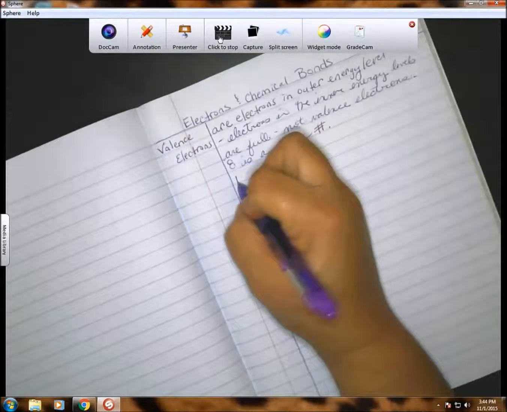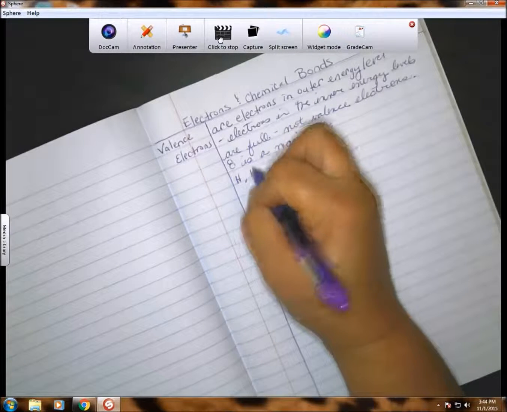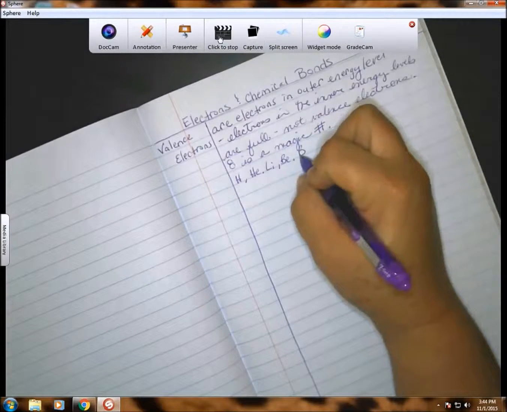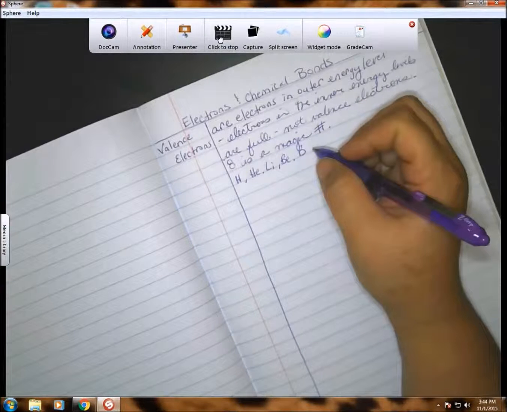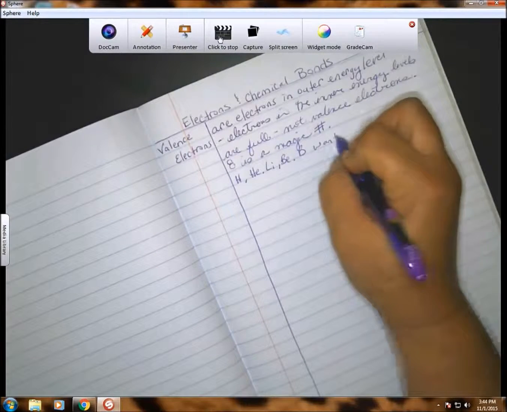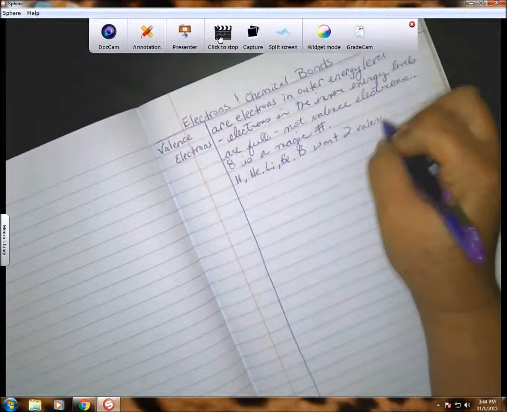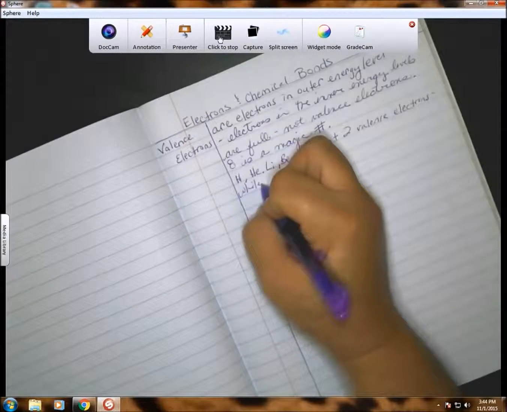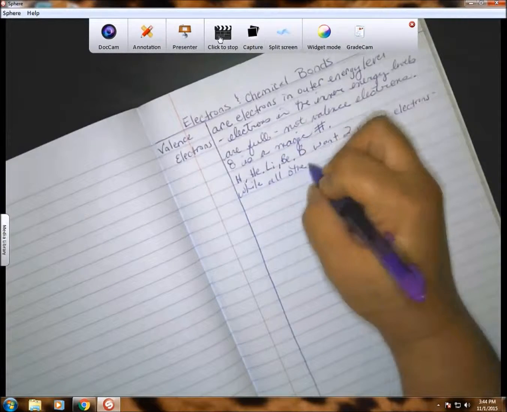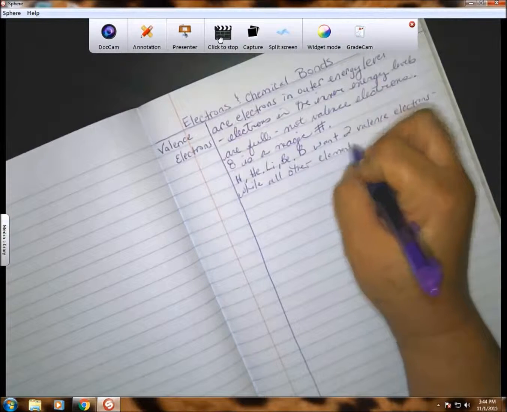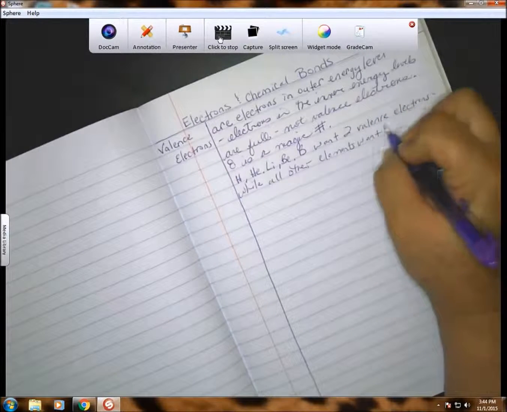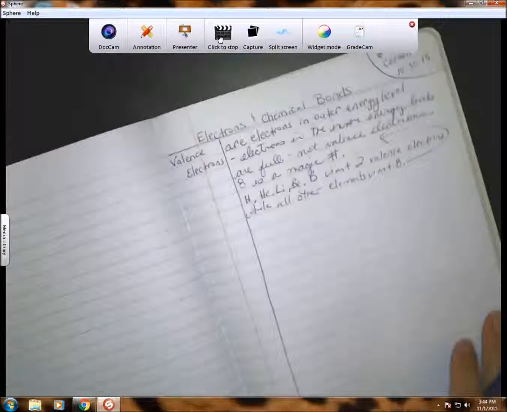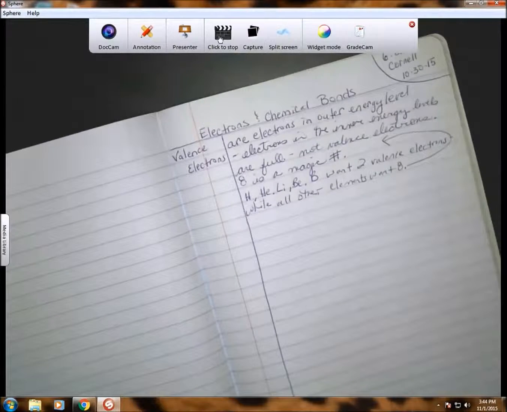So I'm going to write hydrogen, helium, lithium, beryllium, and boron want 2 valence electrons, while all other elements want 8. And I'm going to refer back to 8 as a magic number. Okay, y'all got that? All right, let's read about hydrogen.